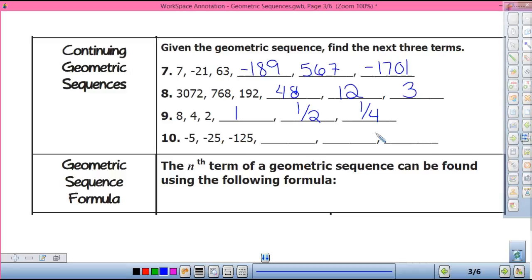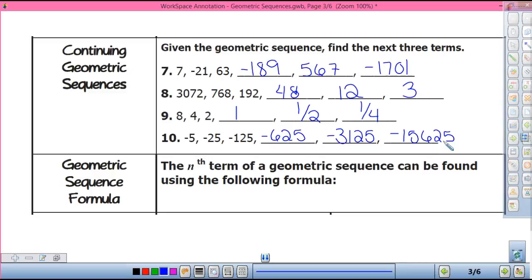And what are they doing in number 10? Multiplying by 5, so negative 125 times 5? Negative 625 times 5? Negative 3,125 times 5? Negative 15,625. Whew, now we're getting up there. That was fun. Alright.